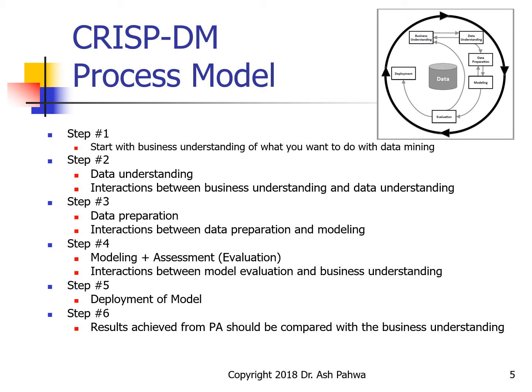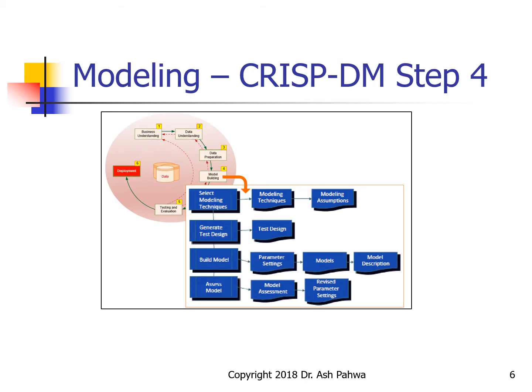So that is the process. This process is called CRISP-DM, and it is very strongly recommended that we follow this CRISP-DM model in order to get good results. In this course, we are only going to discuss the model building strategy.